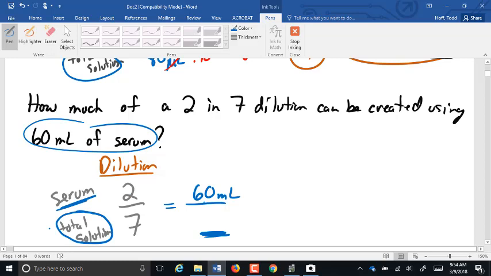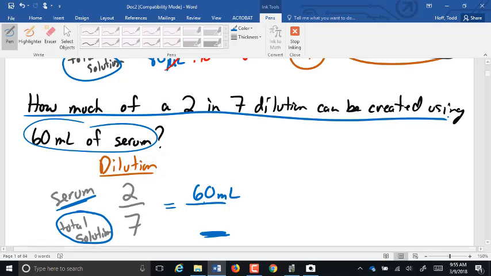Is that what we're looking for? How much of this dilution can be created? Yes. It's worded a little funny, but that is asking how much of this solution can we create? So that is what we're looking for, the total solution. So we're going to cross multiply and divide. 7 times 60 divided by 2 is 210 milliliters.